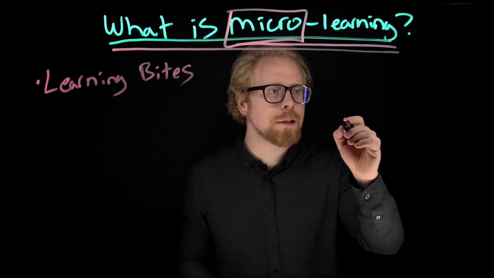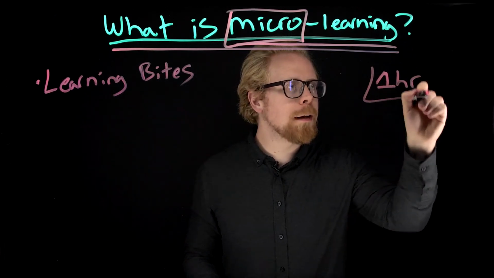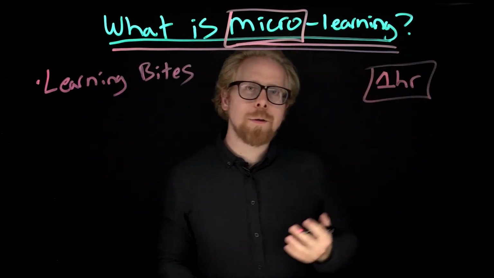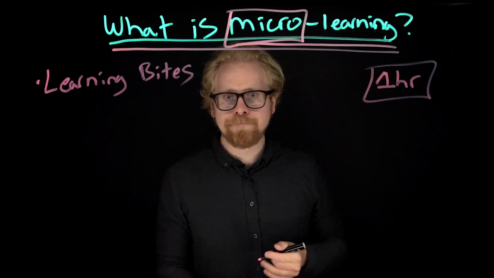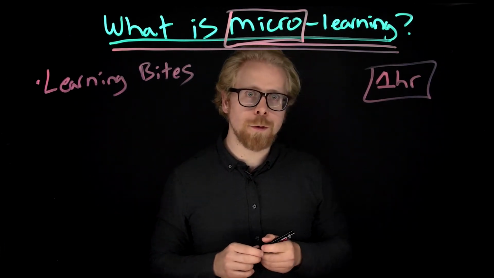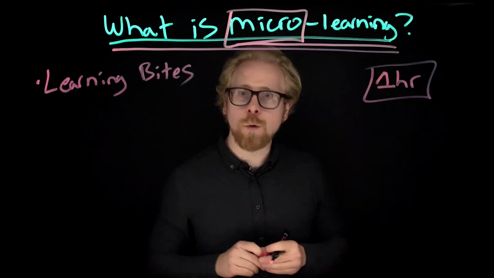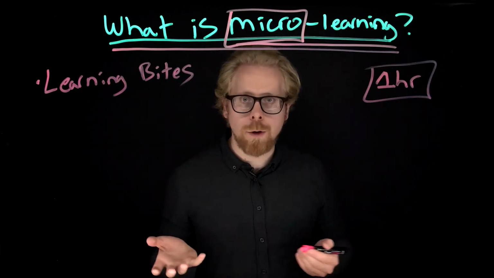We call these least common denominators learning bites because really what you're doing is, if you have an hour of content, so let's start with an hour of content. Let's say that you have a 1 hour training on different onboarding principles for your organization that your employees need to go through in order to onboard as new hires.